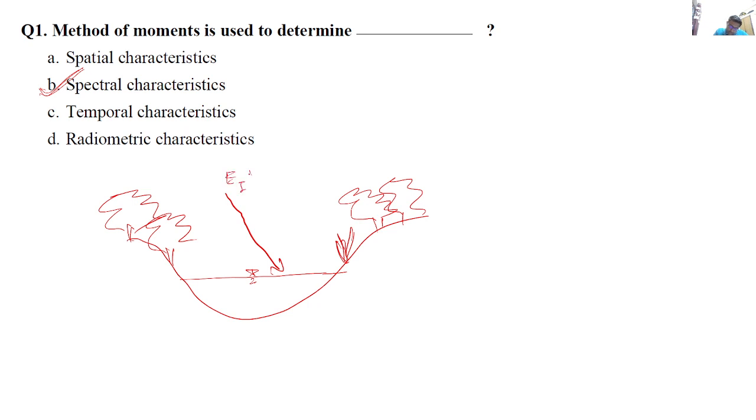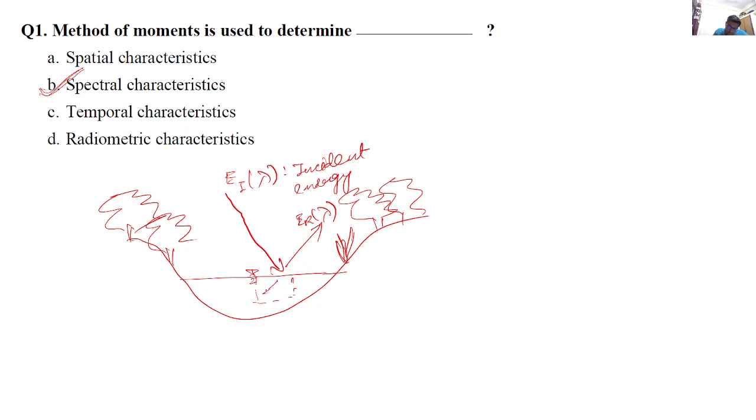We call it EI lambda, which is nothing but the incident energy. Some part of the energy will be reflected back into the atmosphere, which we are terming as ER lambda. I will be explaining the notations a bit later.